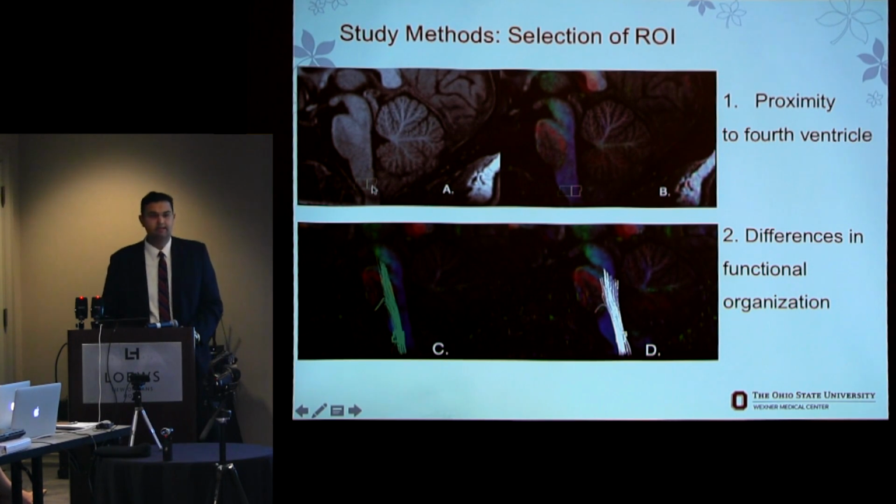And so this picture shows you the site of the compression and the anterior brainstem ROI and the posterior brainstem ROI. And the reason why we chose 2 separate brainstem compartments was because the posterior brainstem compartment is closer to the 4th ventricle and is likely to be more affected by changes in CSF dynamics or in patients with Syringomyelia.